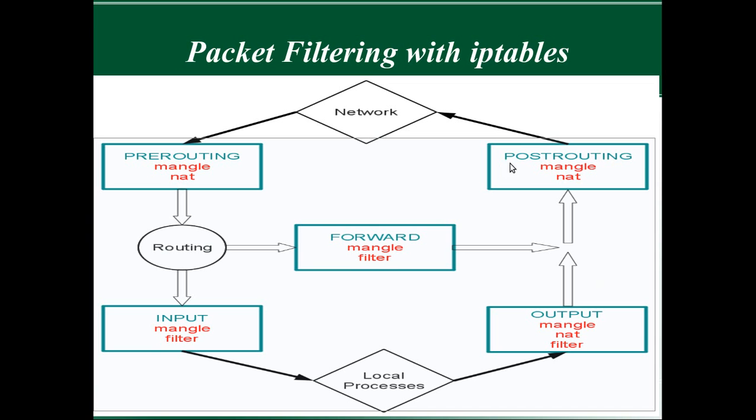And finally, we come to post routing, which simply means the routing decision is already made. And finally, you can modify the source address from which this packet was coming to a different IP address. Why do we need it? One scenario is you have an internal network in which you have a single public IP address and multiple local IP addresses.